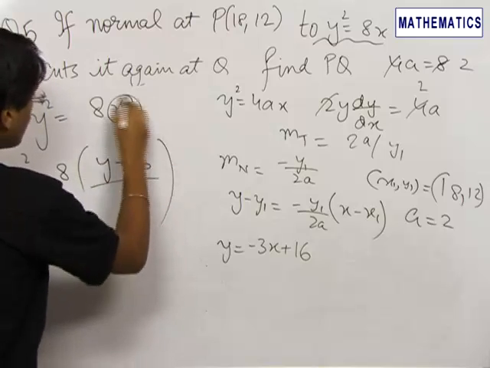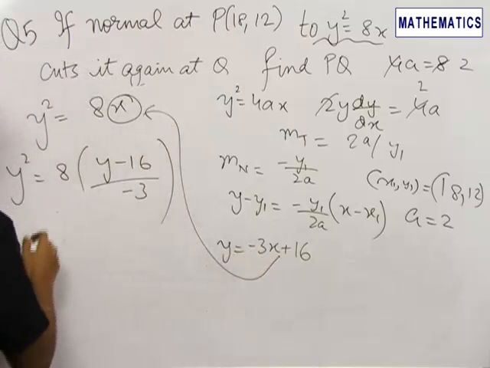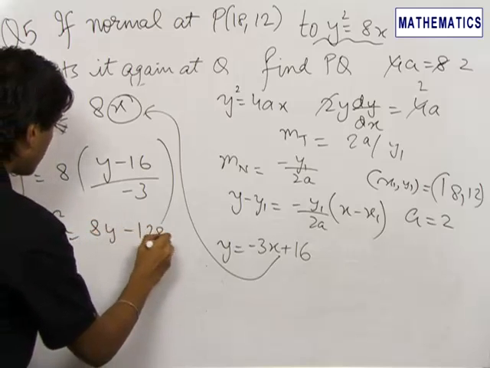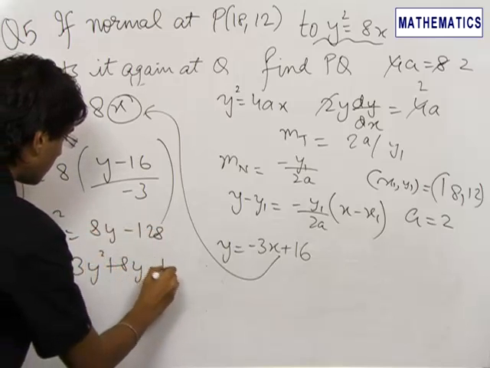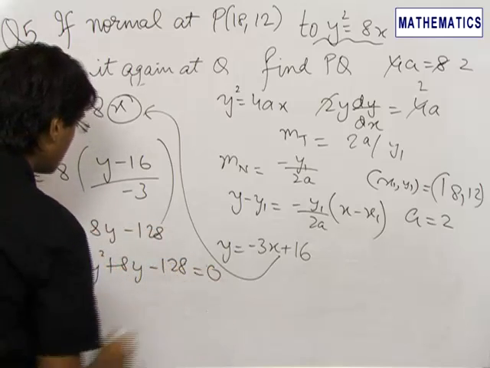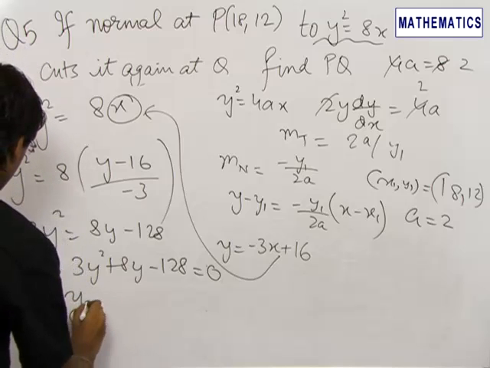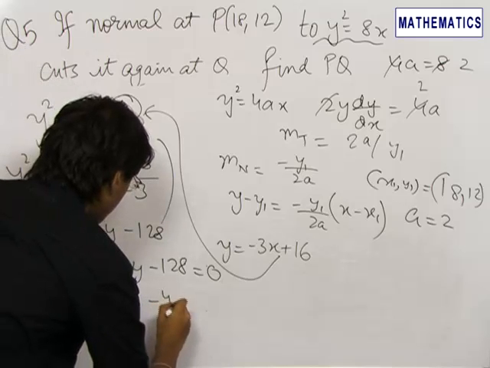We have substituted the value of x from this equation. So this becomes minus 3y square is equal to 8y minus 128, or 3y square plus 8y minus 128 is equal to 0. Hence we have found the value of y as 12 and minus 44 by 3.